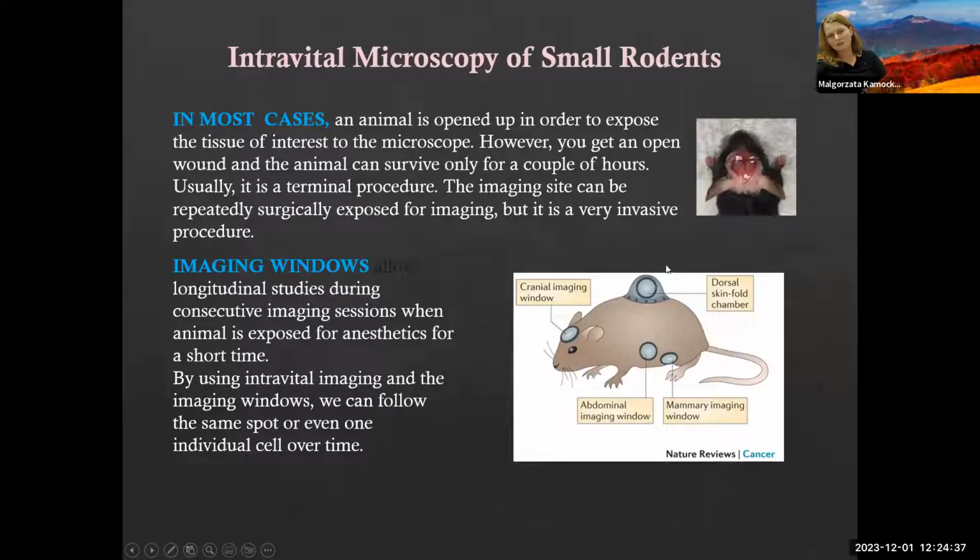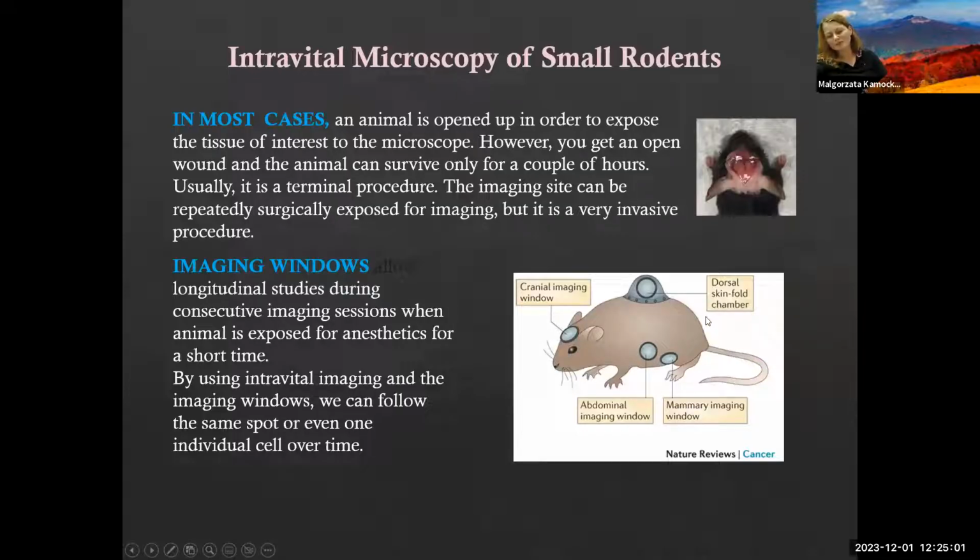We've tried a dorsal skin fold chamber. I actually tried it myself for clot formation, but not very successfully. But another investigator who was interested in imaging the skin, wounding of the skin, had successful studies. And then we have the abdominal imaging window and the mammary imaging window. In our facility, we do studies with the abdominal imaging window.